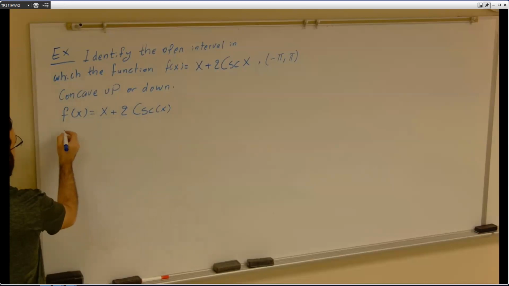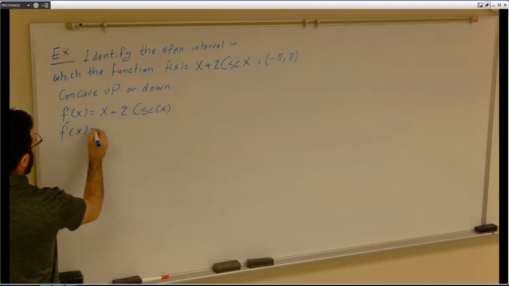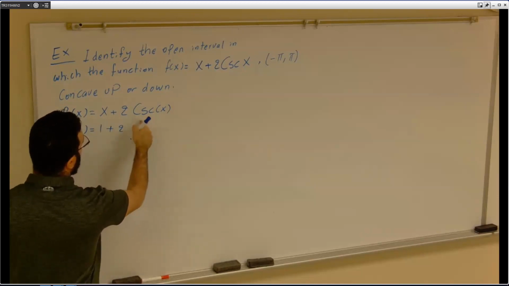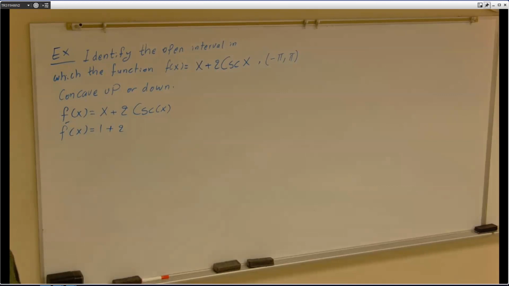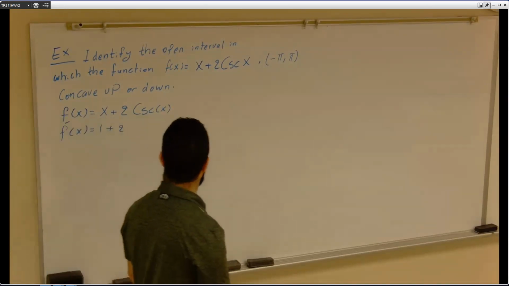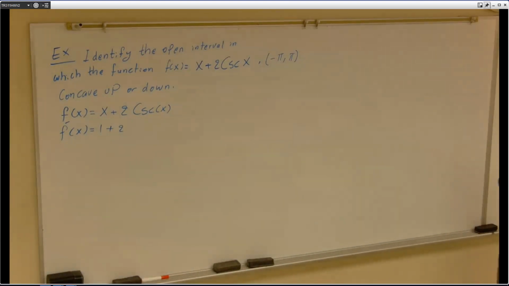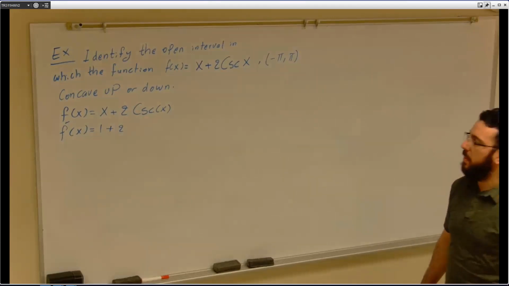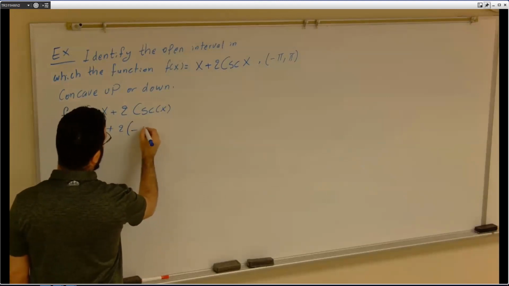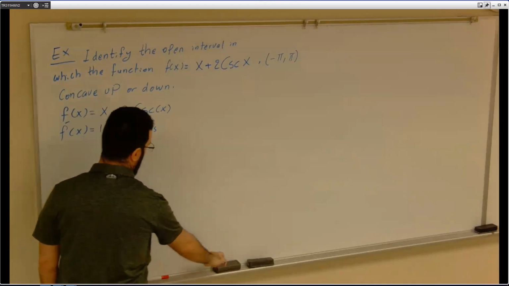Now I need to find the derivative. f prime of x is going to be 1 plus 2 times the derivative of the cosecant. What's the derivative of cosecant? It's negative cosecant cotangent.